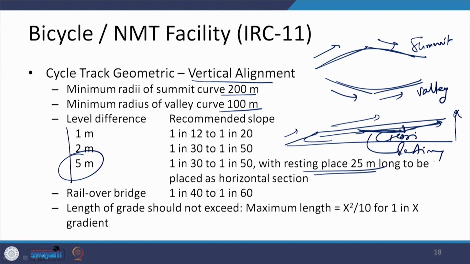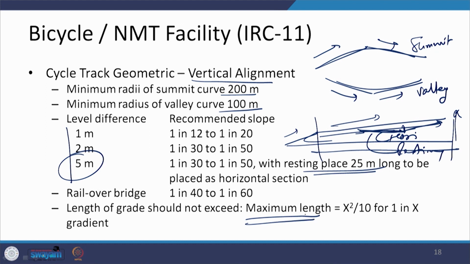When the person is using a bicycle going on a gradient, this length needs to be restricted because the person is using his or her own energy, and that is where the maximum length is also defined. This maximum length of the grade is x square by 10, where x can be taken in terms of a 1 in x gradient.